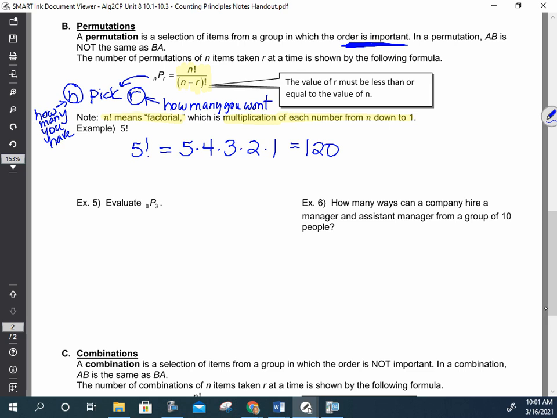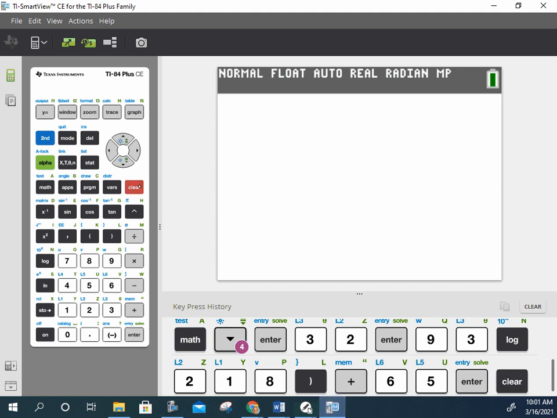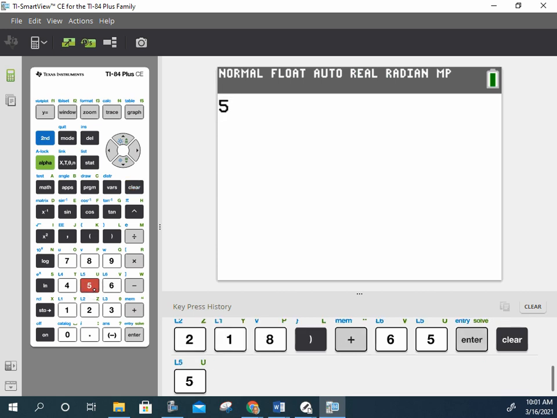Now, for those of you with a graphing calculator, let me show you where factorial is in the calculator. So we'll do it first with the graphing, and then Tyler will do it with yours next. In a graphing calculator, you first type in the number that you want.